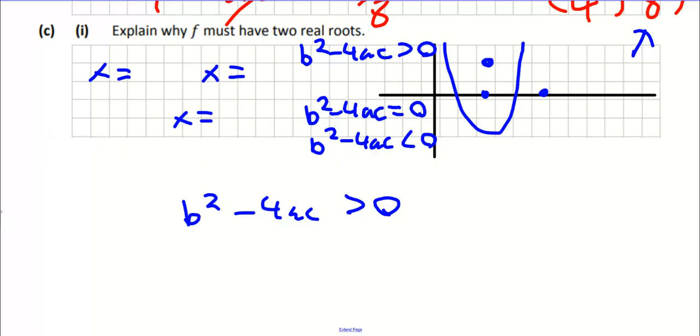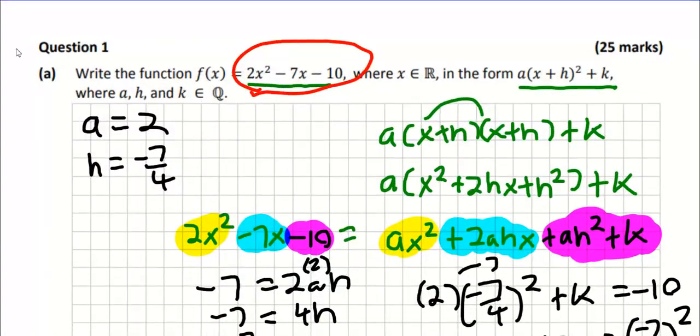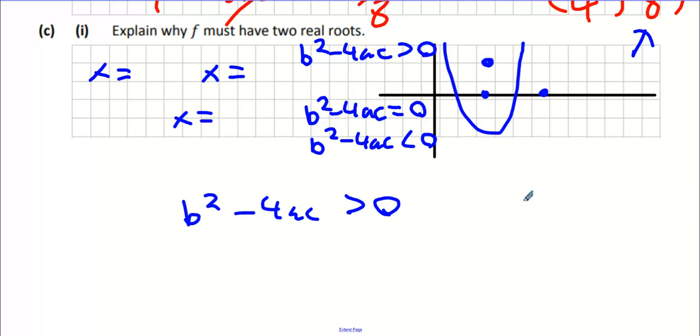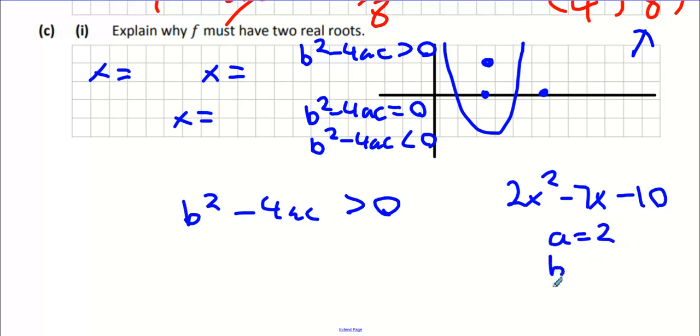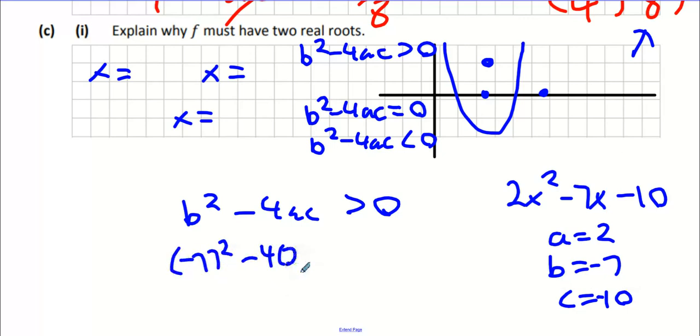And if you go back to the top, was it 2x squared minus 7x minus 10? And a is 2, b is minus 7, and c is minus 10. And we're expecting this to be bigger than 0, so use b squared minus 4ac.